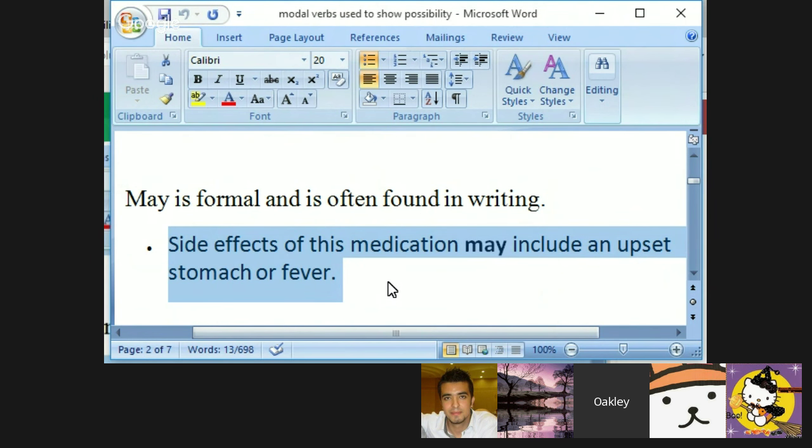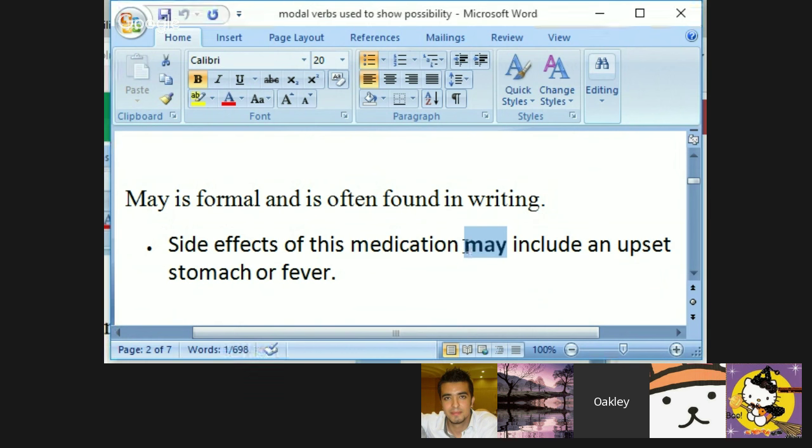Yes. Formal writing, especially business writing, copywriting, instructions, an instruction manual. If you're writing any kind of instruction manual or a warranty, anything like that, you're most certainly going to use may.